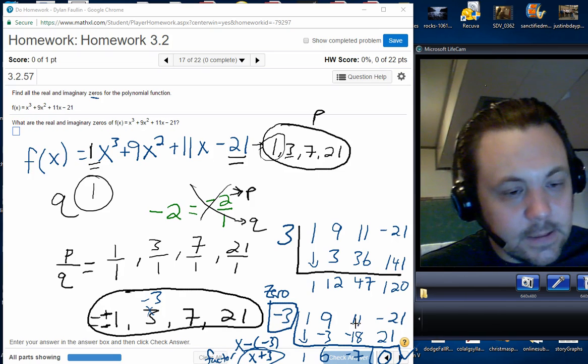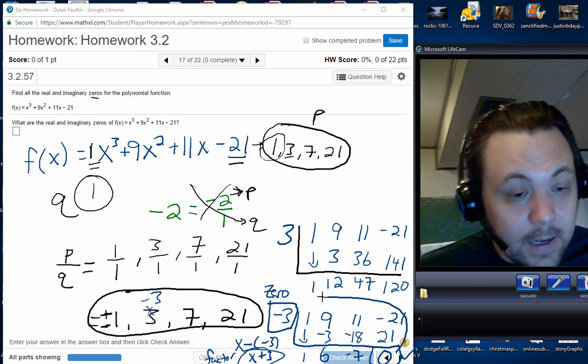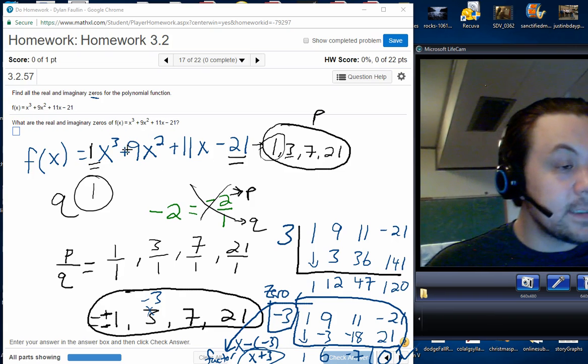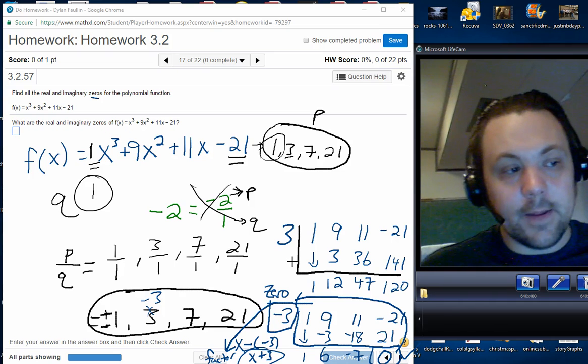If this is a 0, which we know because the remainder turned out 0, then this would have to be a factor. That's the chain of logic that we're following here. So I can actually stop and factor this polynomial now that I have that information.